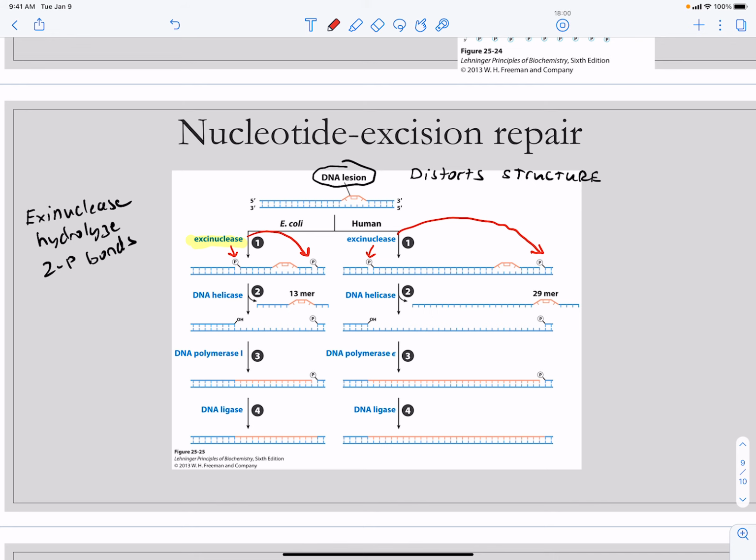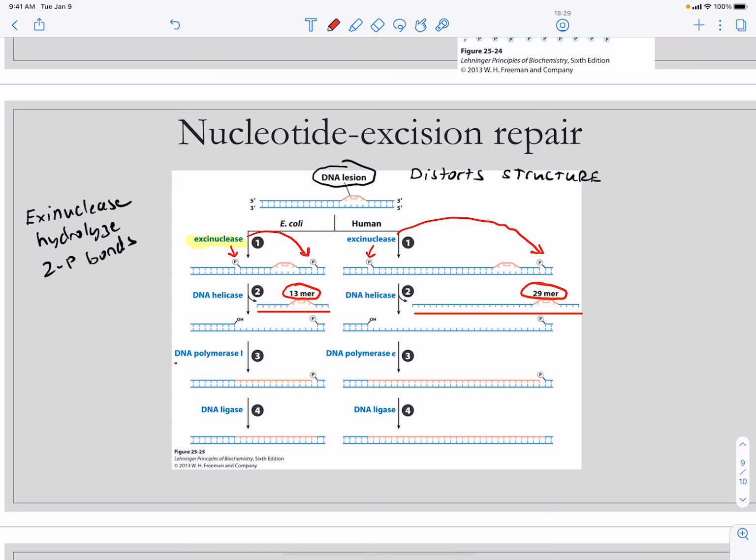And they do this at the same time, basically, to get rid of that lesion. Now, prokaryotes and eukaryotes do this. The difference is in the amount that's excised. So in eukaryotes, you have a much larger region that's excised, and in prokaryotes, you have a much smaller region that's excised.